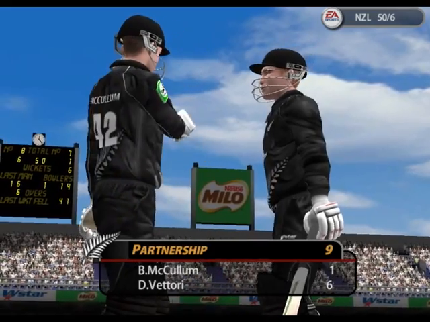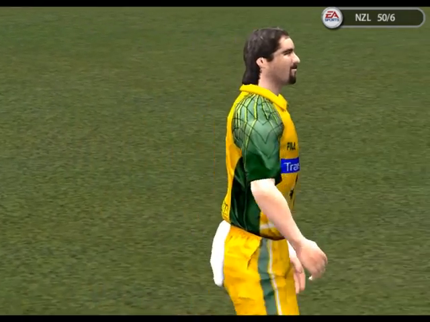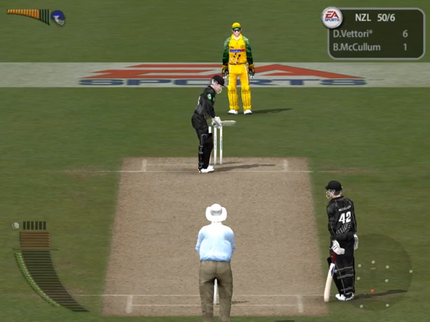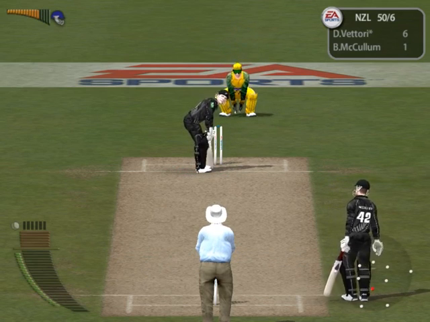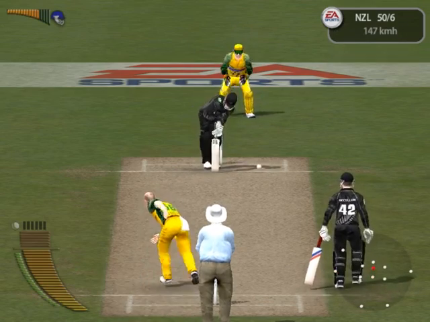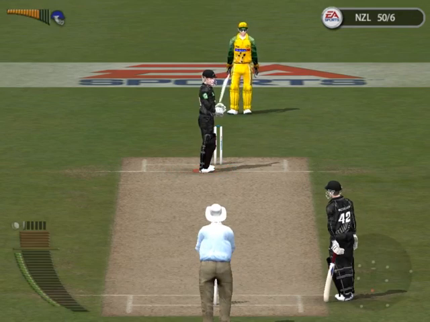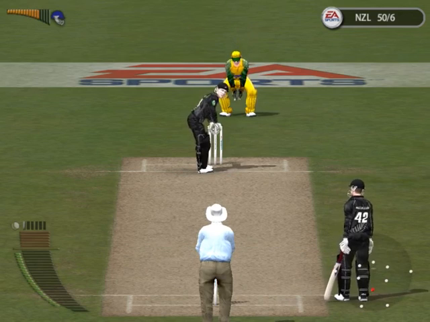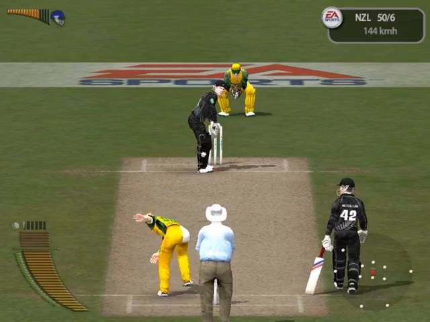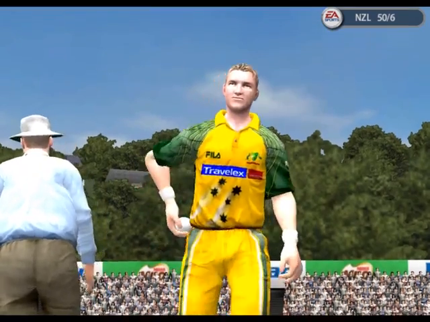The required run rate is around 1.5 and over. The batsman will feel under pressure to score runs after such a tight over. Lee, the ball to Vettori. Lee to Vettori. Stopped by Gillespie. New Zealand needs 6 runs for victory.